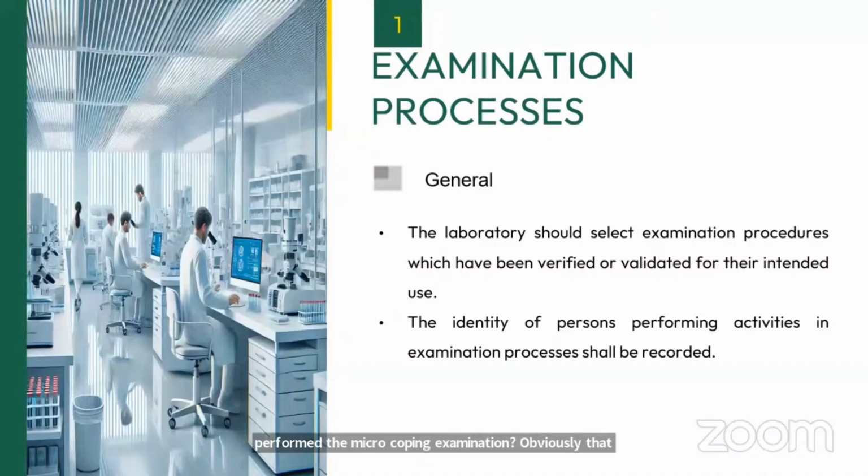Whatever the key processes are, all of them must be recorded. The identity of the persons who performed these key activities must be recorded, so that there is some traceability. Whatever activities we perform as part of examination, we must record the identity of the persons who performed them.